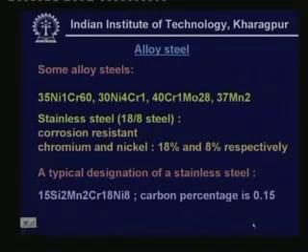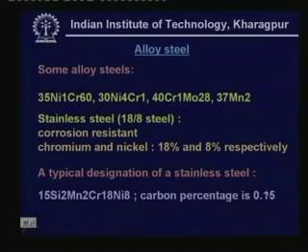Now, some examples of alloy steel are given here. You can see one of them is 35Ni1Cr60. That is a typical designation. What is this? 35 is the strength, then the nickel composition, then the chromium composition.